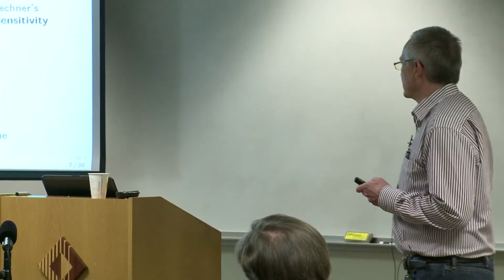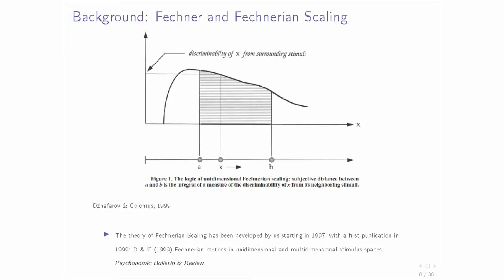I should also say I will gloss across a number of subtleties and details in the general development of our theory, just in the interest of time. But if you have questions, of course, we can go into that later. So here's a picture from our 1999 paper in the Psychonomic Bulletin and Review, the first paper that started our work.